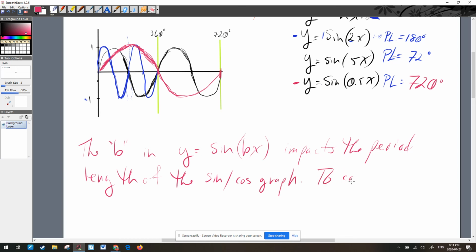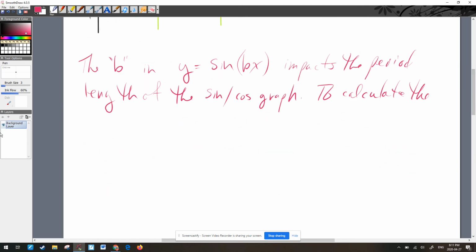To calculate the period length, we can use, no, not y.